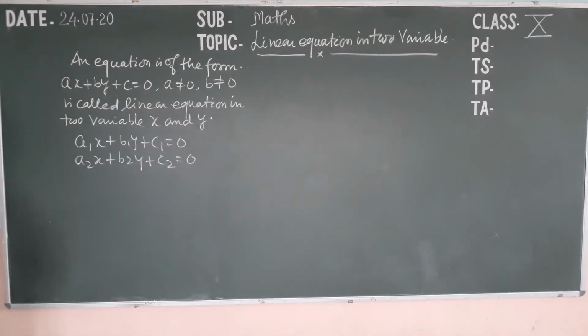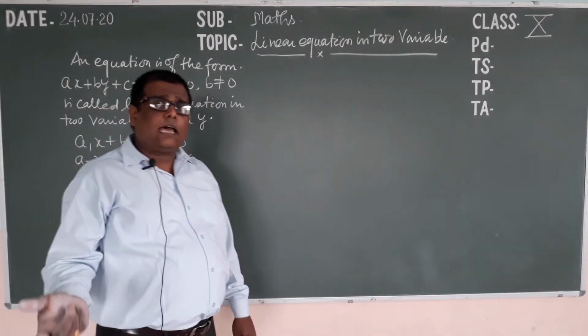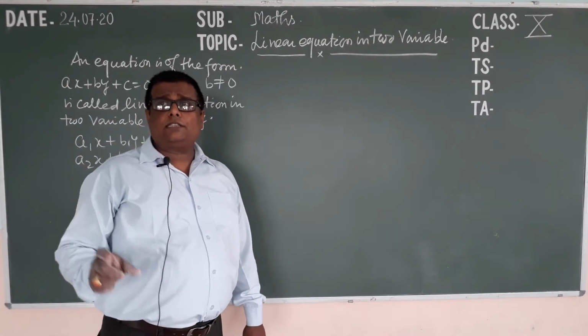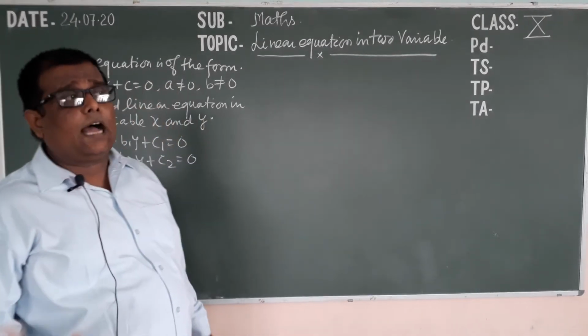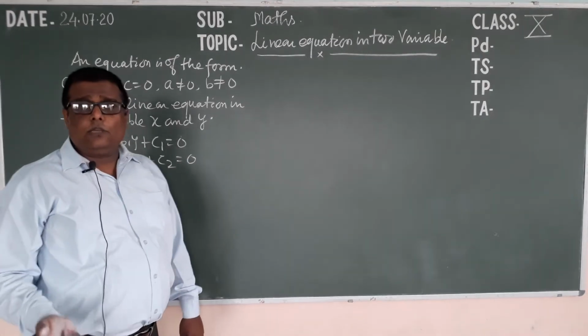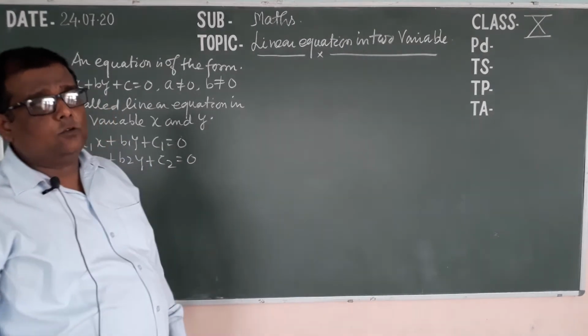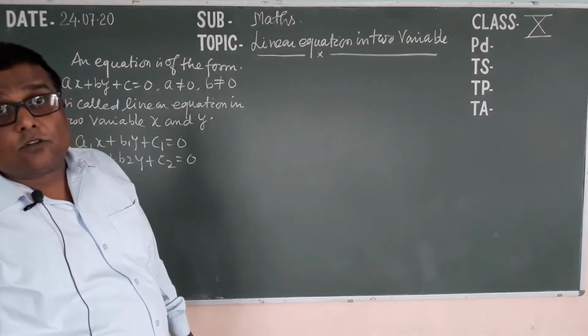Now if we are given two equations and I ask you to solve graphically, first of all we have to know all the conditions for the graph, how the graphs will intersect each other, or how they are parallel, or how they are coincidental.